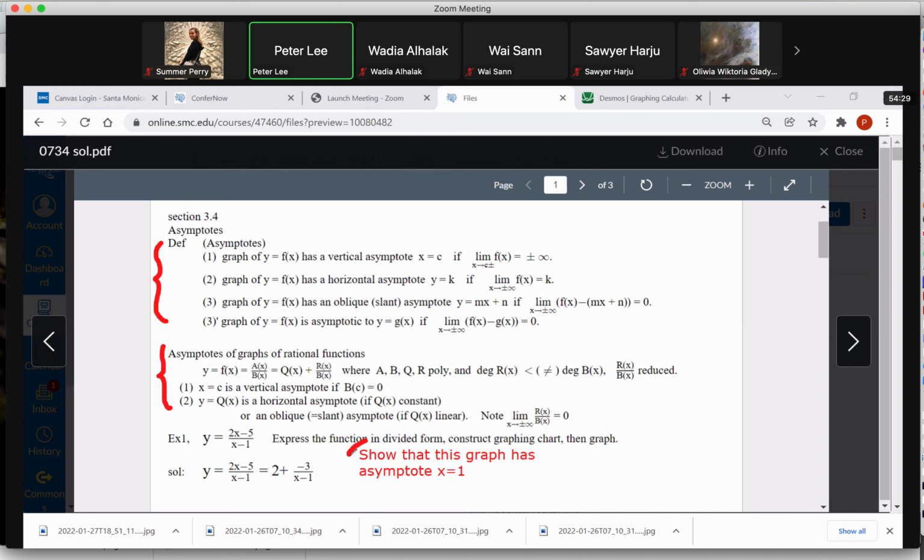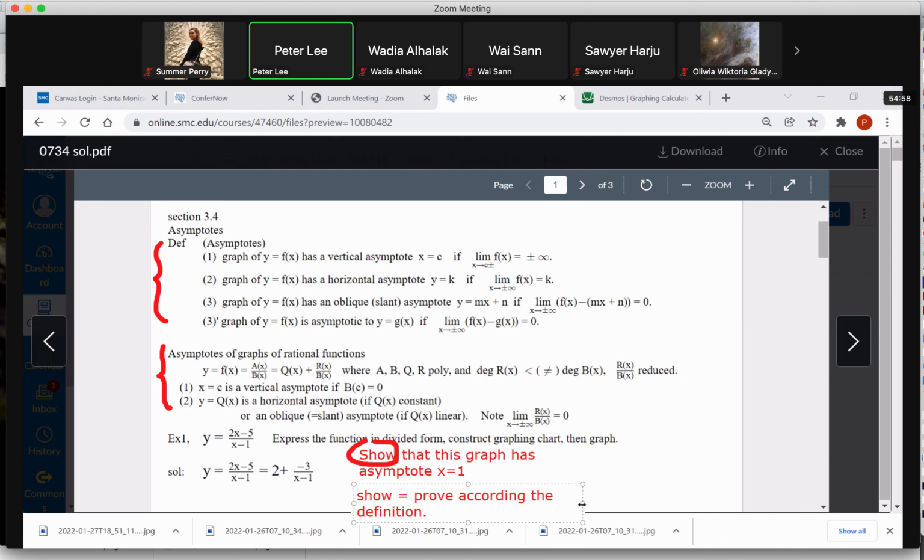If I ask to show, then what do you do? Show means you must use the definition to show that. Show means prove by definition. Prove according to the definition. In this case, the definition of asymptote.